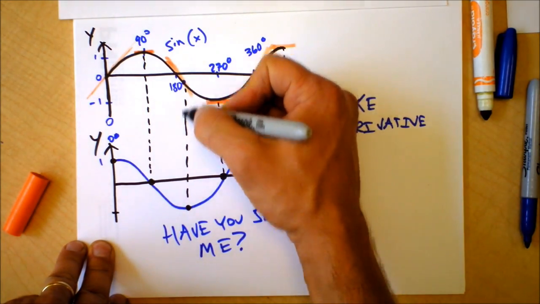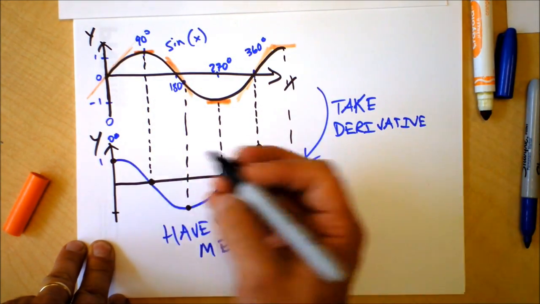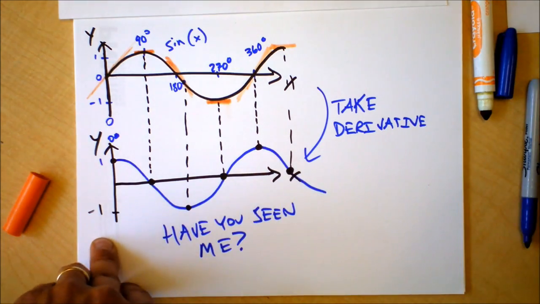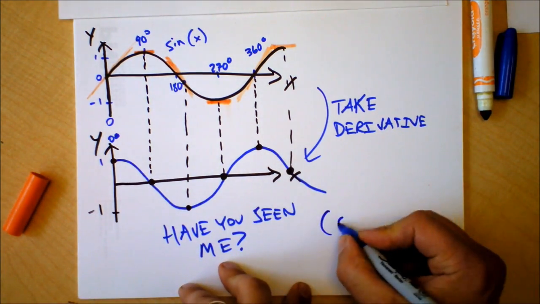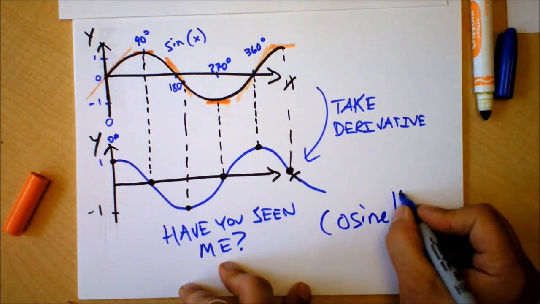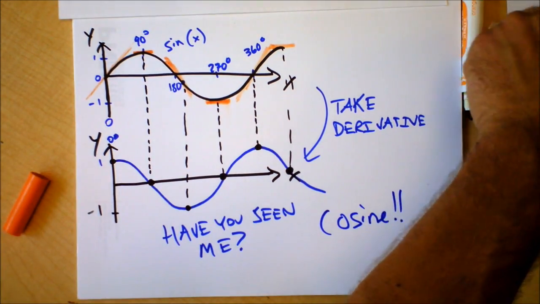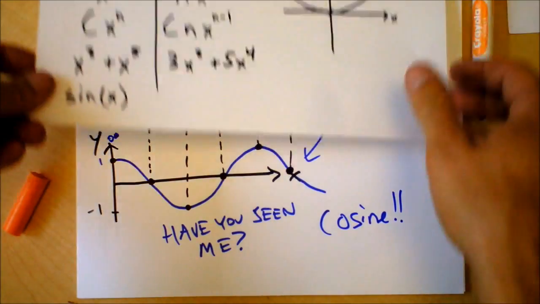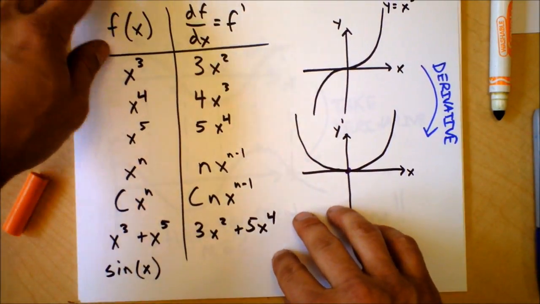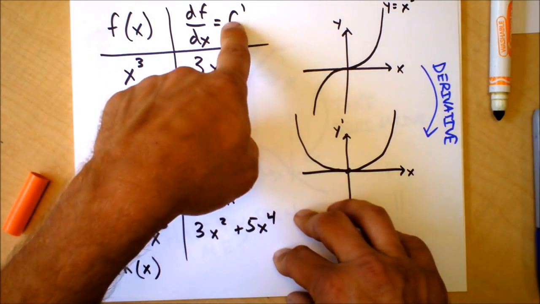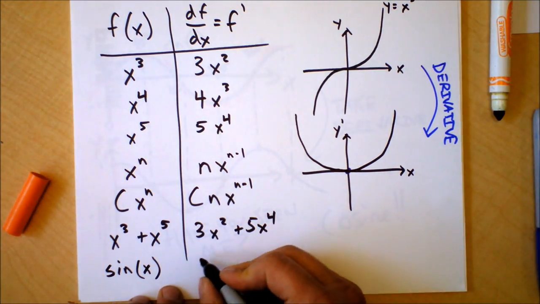At 180 degrees, we're getting a value of negative 1. And this is the cosine. So, let's put this up on our table. If the function is sine, then its derivative is cosine.